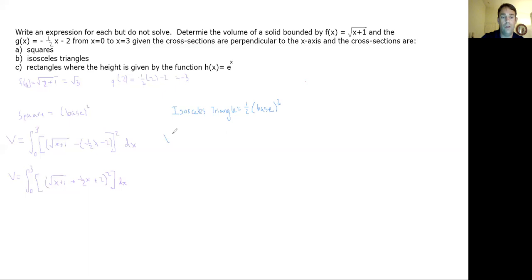So when I set up my volume, and again, I could just use what I had before, but if this was a separate problem, I wouldn't have that luxury. So I do the initial setup first, the square root of x plus 1 minus a negative 1/2 x minus 2, squared dx.